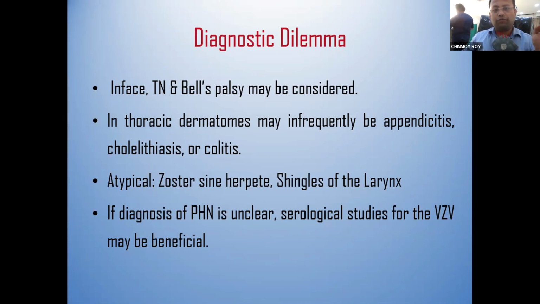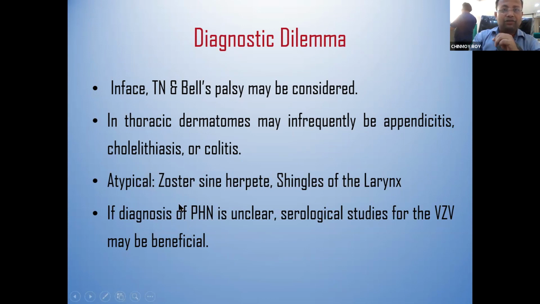So this is an atypical condition. You should just know that this condition is present. Shingles of the larynx, the patient may lose his voice suddenly. So these are atypical presentations.